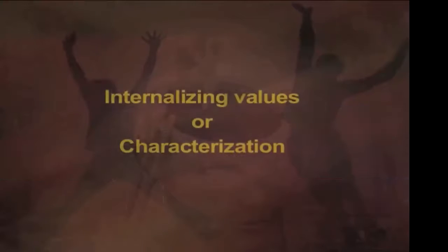Then we have the next category, called internalizing values or characterization. Has a value system that controls their behavior. The behavior is consistent, predictable, and characteristic of the learner. Instructional objectives are concerned with the students' general patterns of adjustment to personal life, social life, and emotional life.